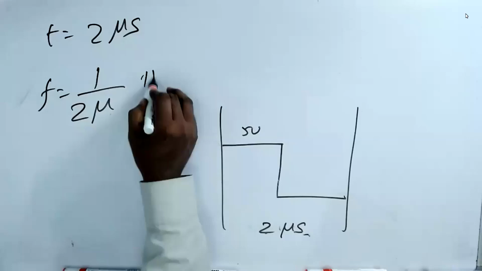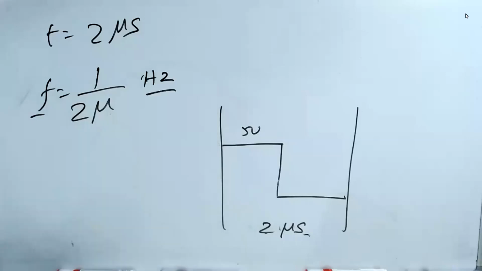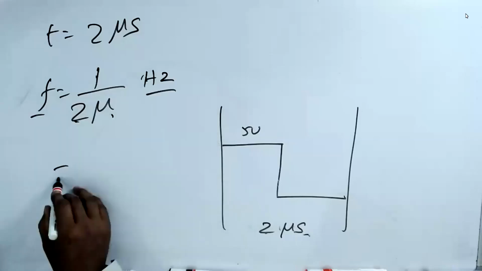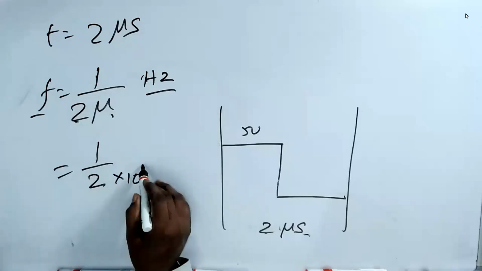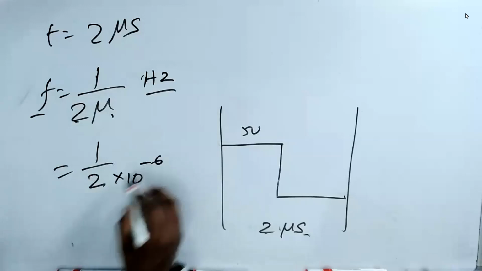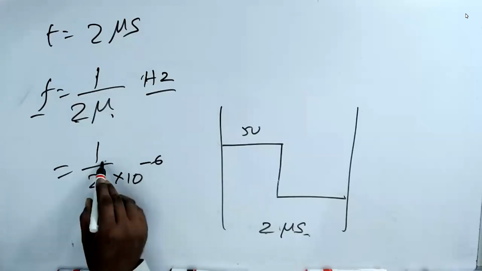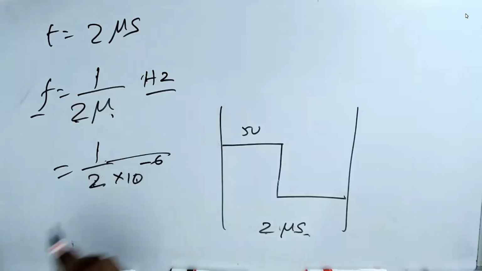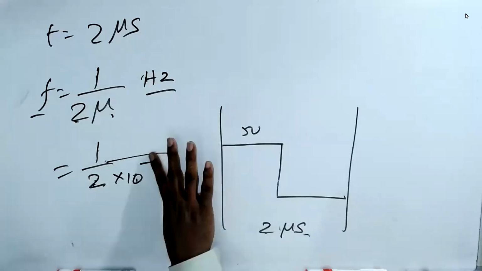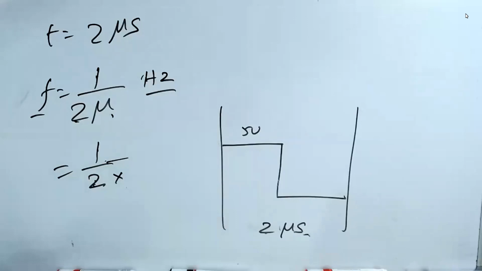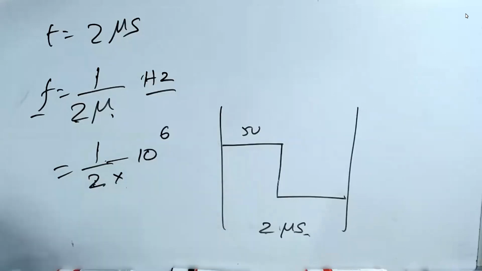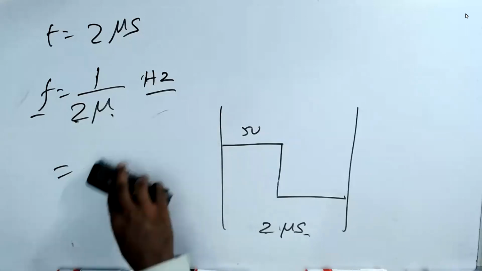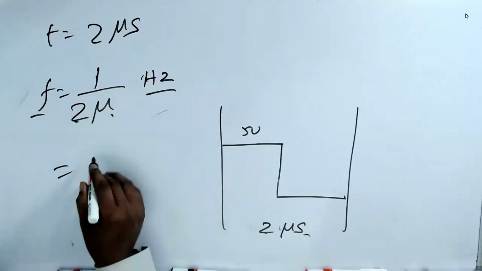Now 2 micro. So 1 by 2 into 10 power minus 6. Am I right? When it goes up it becomes 10 power 6, so 1 by 2 into 10 power 6.